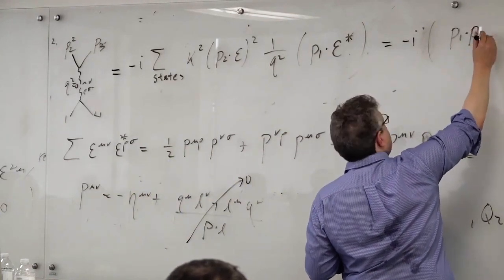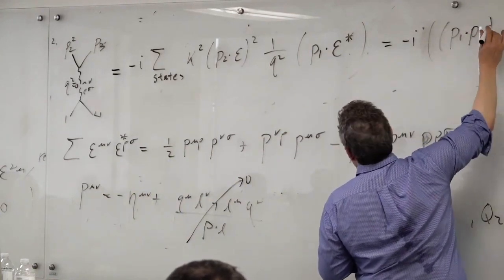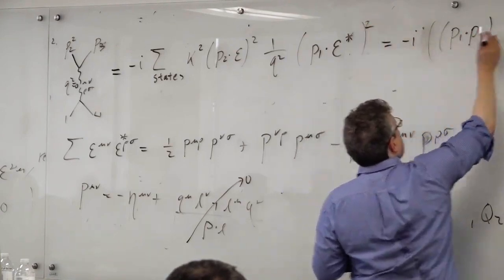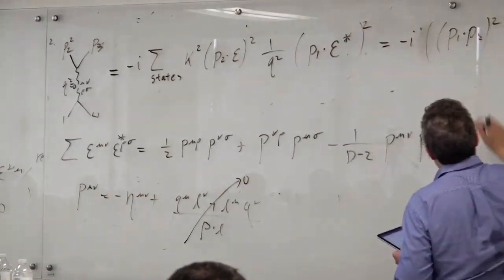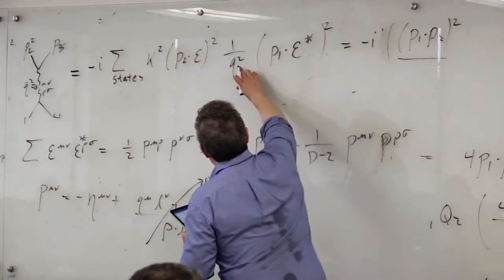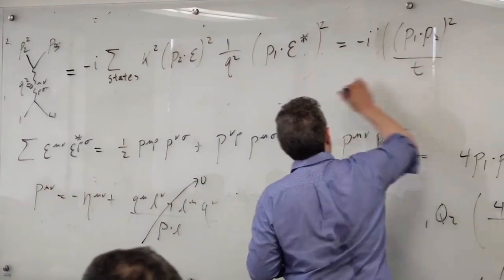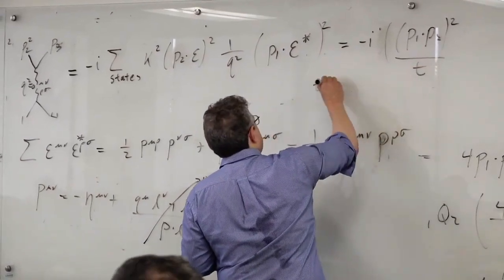Okay, there's 2 copies of them, so I have to square it. There's my 1 over q squared. Let me call that t. t is equal to q squared.